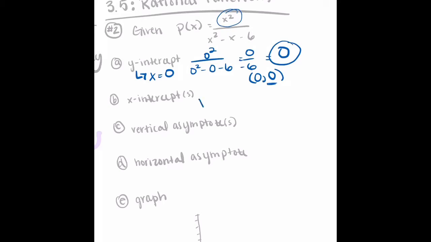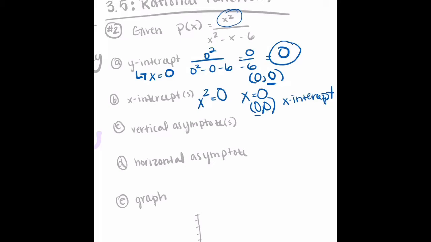Now to calculate our x-intercepts, we're really going to be focusing on the top in questions like this. So let's set x squared equal to 0, and we get x is equal to 0. So 0, 0 is also an x-intercept. I promise I made this question up and I did not plan for it to go perfectly for you guys.